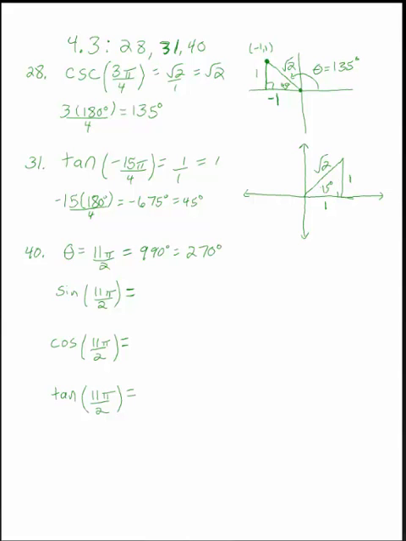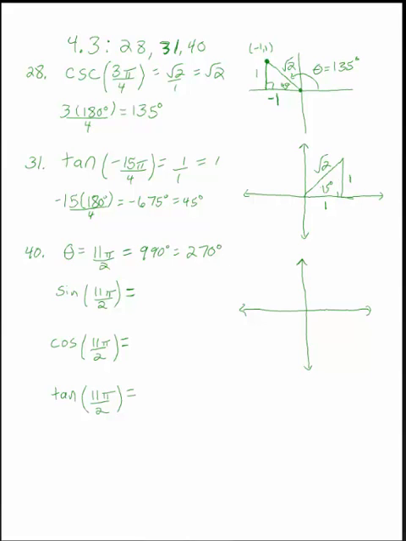I just subtracted 360 from 990 twice to get 270. I know exactly where 270 is. I'm really only good at visualizing angles if I know what the angle is between 0 and 360 degrees. So anything bigger than 360, I either add or subtract 360 until I can find a coterminal angle that's easy for me to graph.